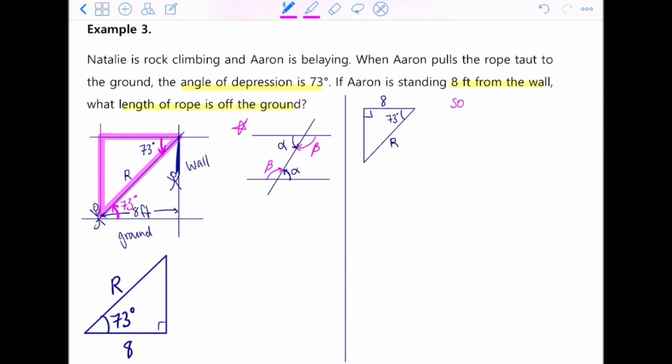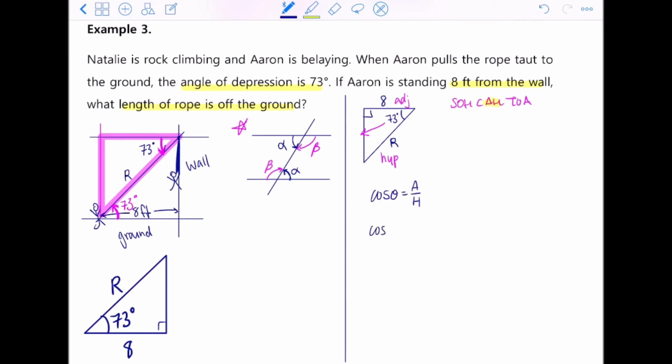Anyways, same idea. Let's try to solve this first using SOHCAHTOA. This is the opposite side, and we have to have the hypotenuse and adjacent in our trig ratio in order to solve for R. So we have to use cosine. Cos theta equals adjacent over hypotenuse.